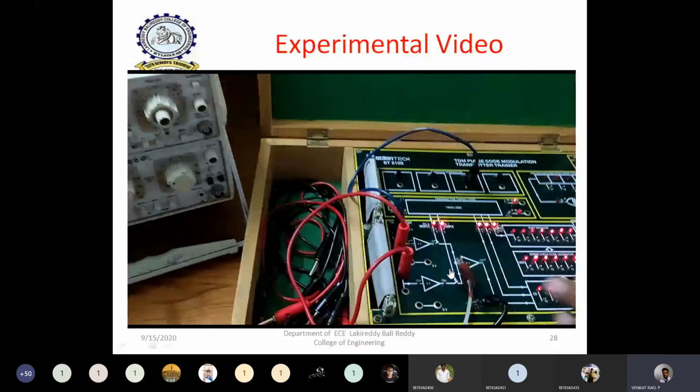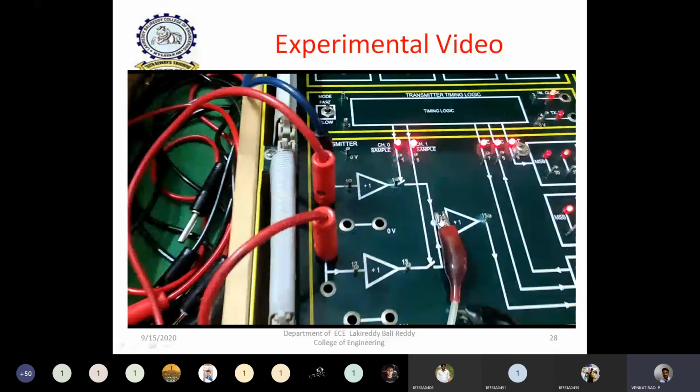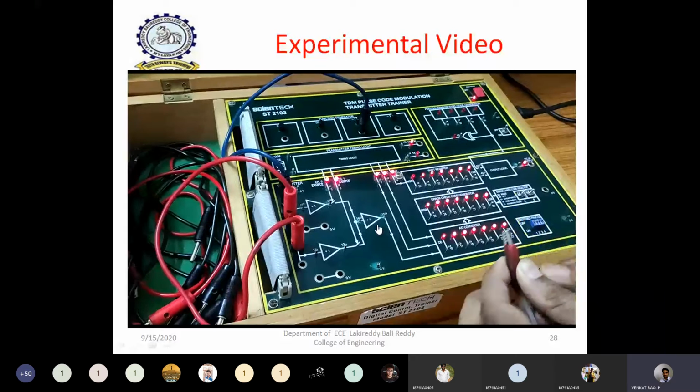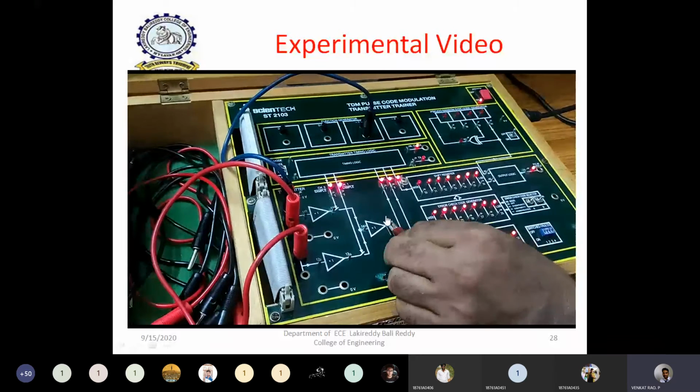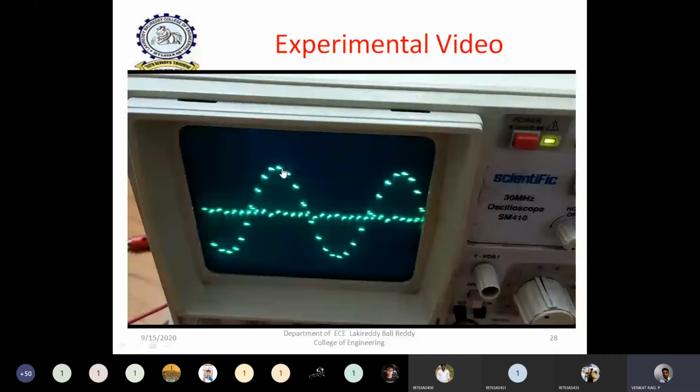Now if you observe the sampled output here, it will be like this, having a number of samples. And if you observe the quantized output here after this block, you can see there is a quantized output. The only difference is that all the sample values are rounded off or approximated to the nearest quantization level. That is the only difference between the sampled output and the quantized output.